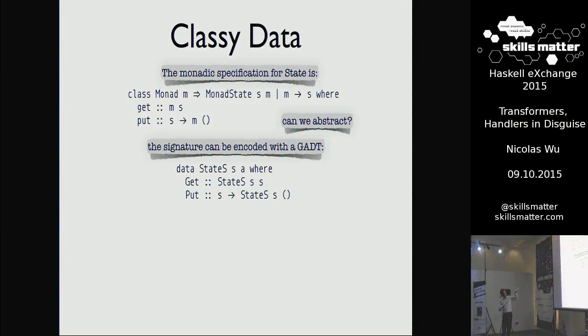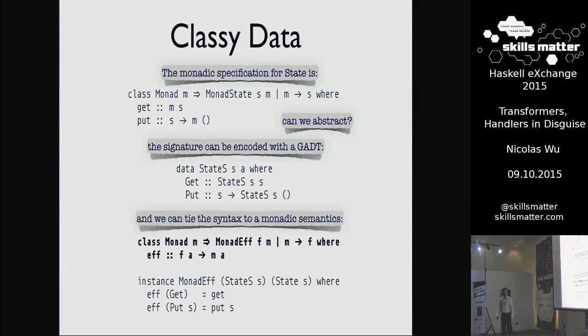And we can encode this signature here as a GADT. And so we can say, well, look, this Get corresponds to this get, and the return type is M S, where we've specialized M to be State S. And similarly, put takes this S, and it returns some kind of M of unit. So this GADT, in a sense, captures the syntactic constructs that we have up in this class constructor.